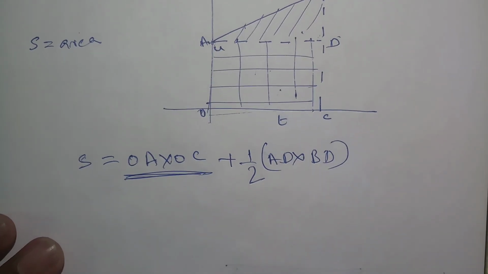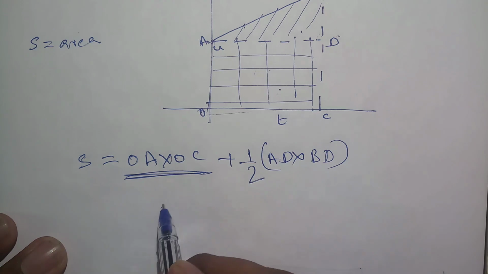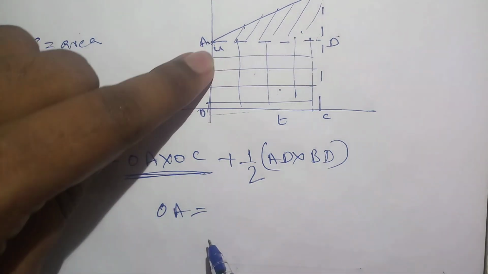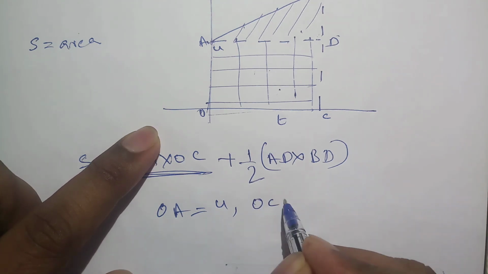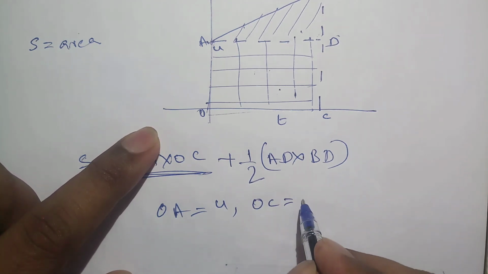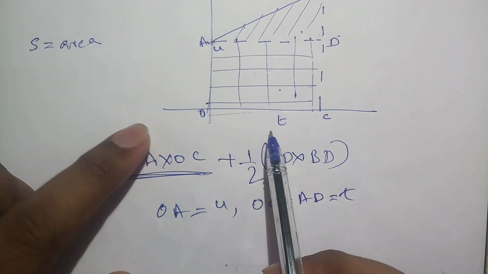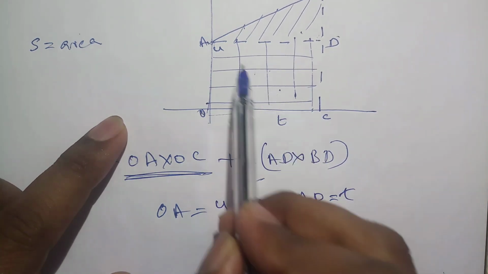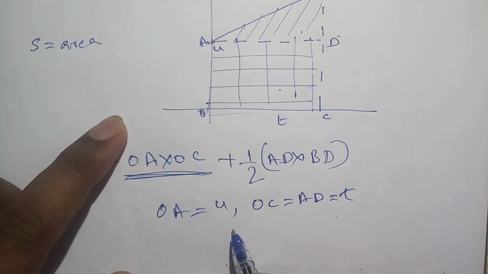Now if you take this graph, it is very clear what OA is. OA means this one, that is U. And OC is the same as AD, which is the same as T.